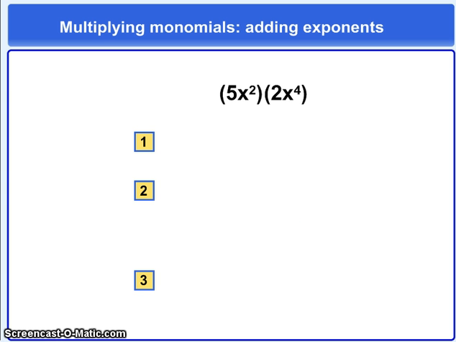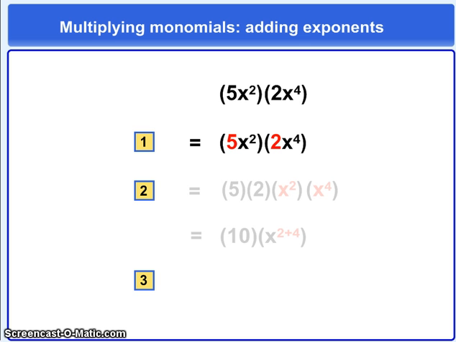Let's try multiplying, adding the exponents. This is a shortcut you can use when you are given variables that are the same as far as the base. The exponents are the only difference. First step isn't going to change. We're going to concentrate on those coefficients, 5 and 2. Our second step, now we're going to focus on the x squared and the x to the 4th.